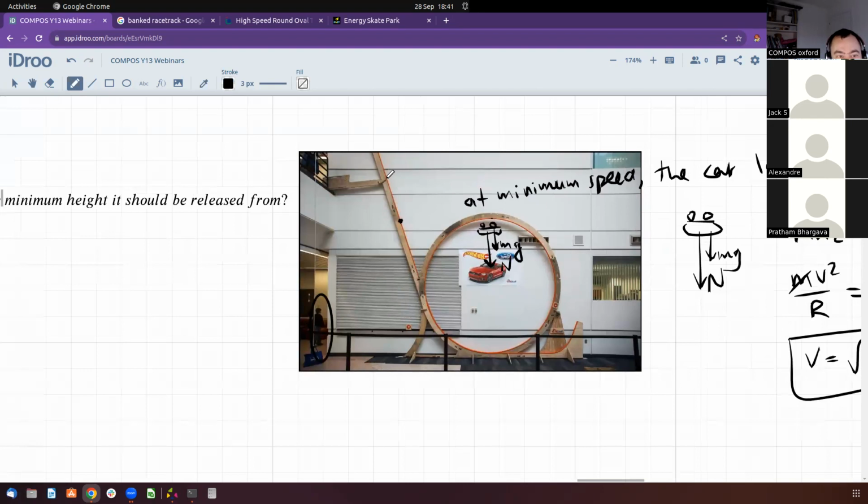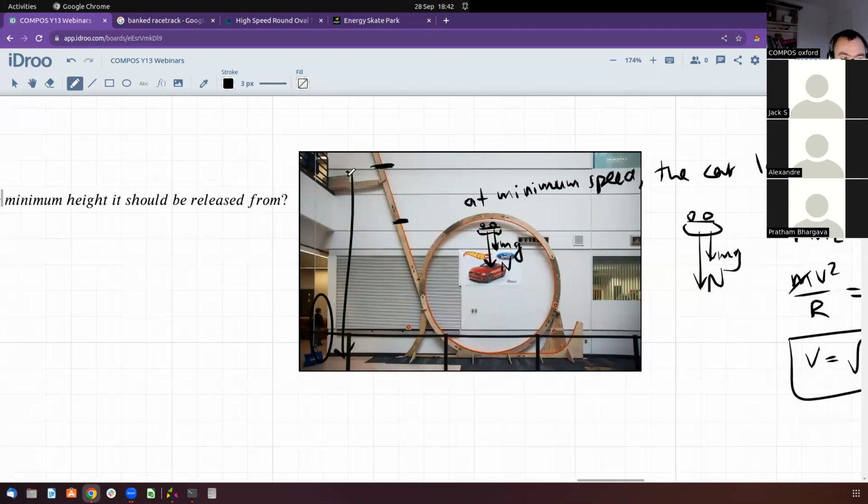So this is the minimum, and we're going to go somewhere here.